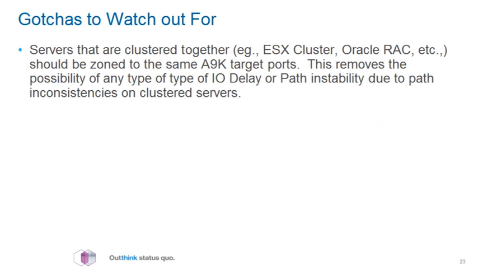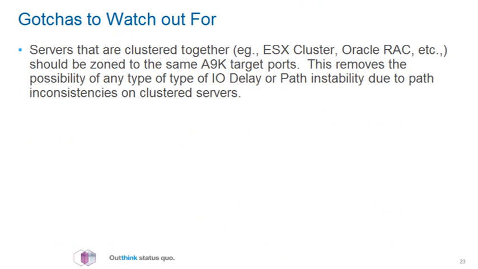Slide 24 are some gotchas to watch out for. Servers that are clustered together, particularly ESX, Oracle RAC, and the like, should be zoned to the same A9000 target ports. That removes the possibility of any type of I/O delay or path instability due to path inconsistencies on the clustered servers.